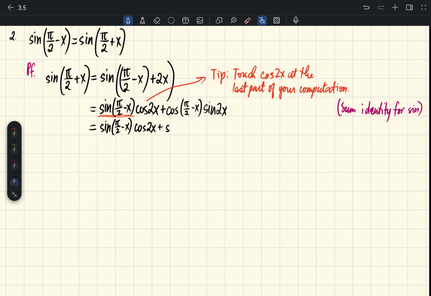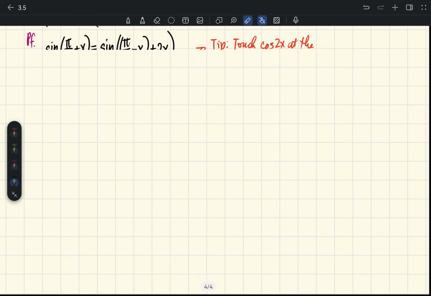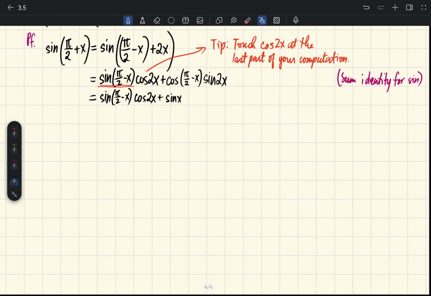The next, sine of 2x, is just 2 times sine x cosine x. So we have right here 2 times sine x cosine x. So what we just used here are the cofunction and double angle.